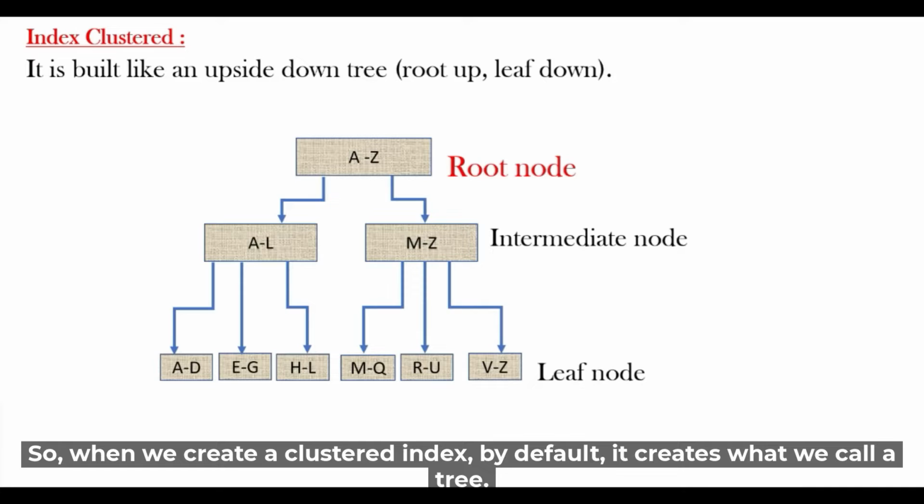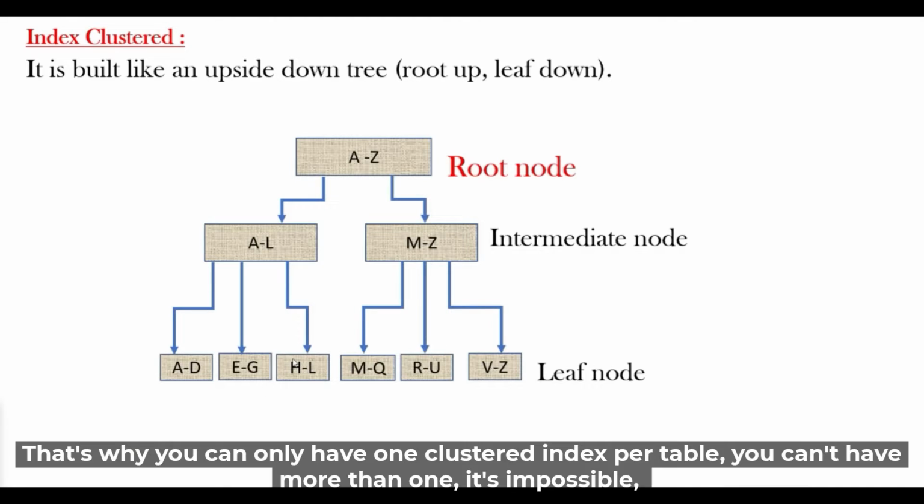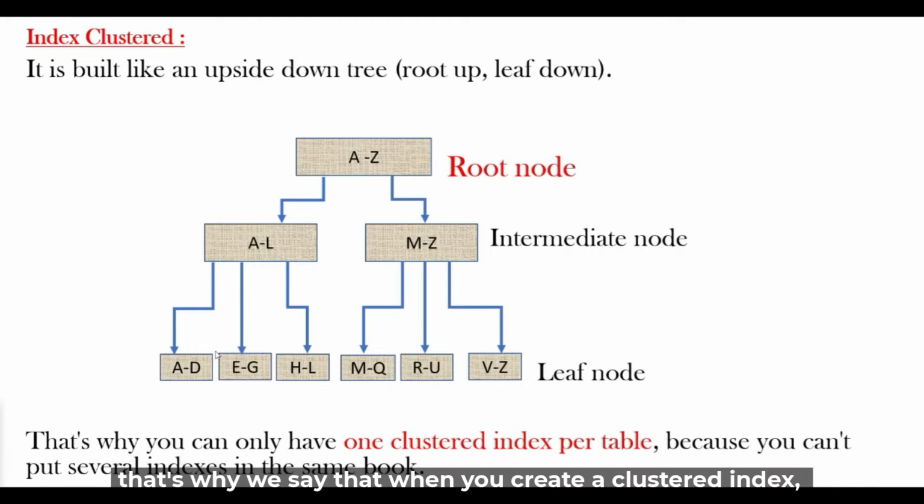So when we create a clustered index, by default, it creates what we call a tree. That's why you can only have one clustered index per table. You cannot have more than one. It's impossible.